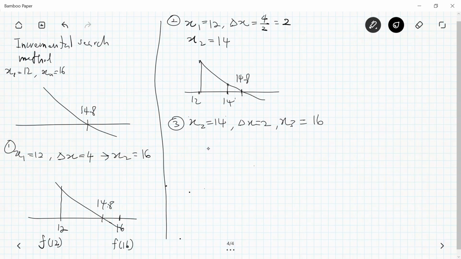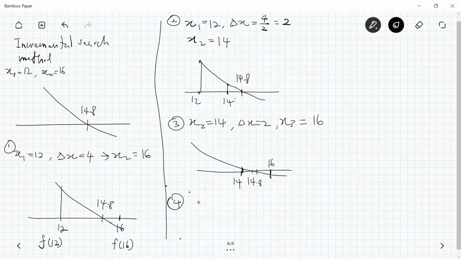So if we do this, what we get now is, this is 14.8, this is 15, this is 16, and this is 14. You can see that this is positive, this is negative, there's a root.